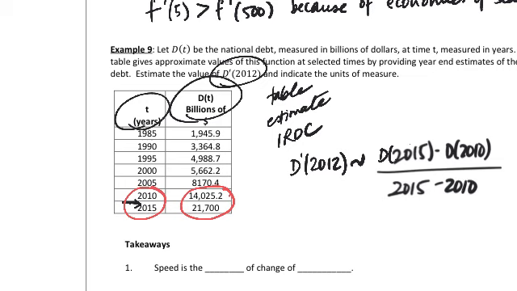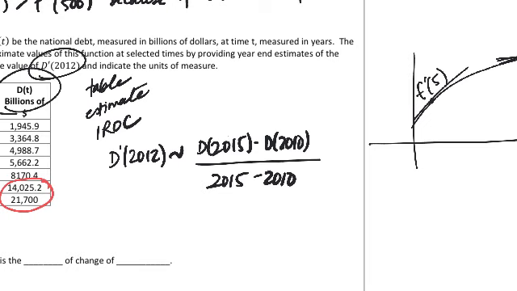That's our closest approximation of the tangent line at 2012. And if you do this, it's going to come out to be 1534.96 billion dollars per year.